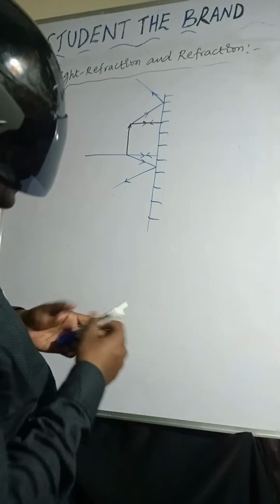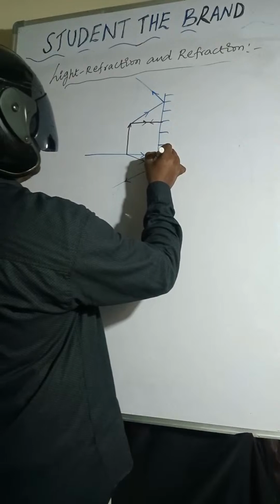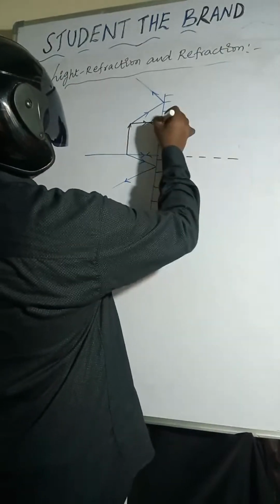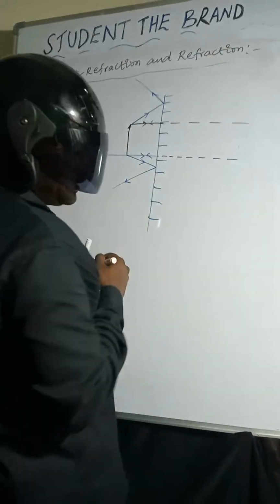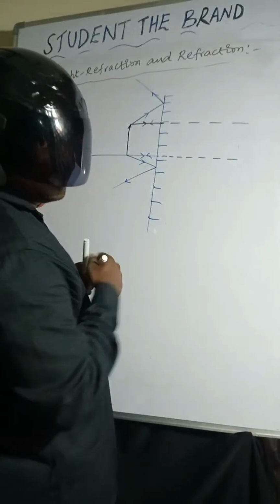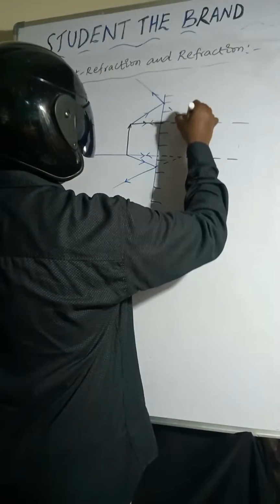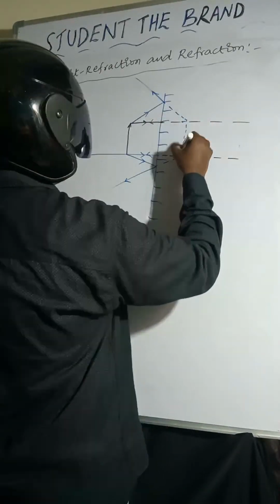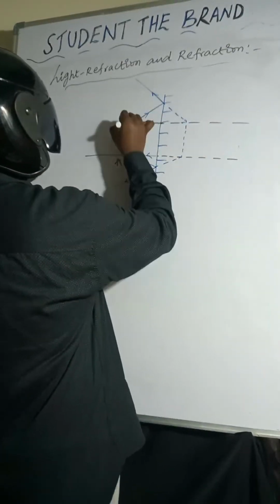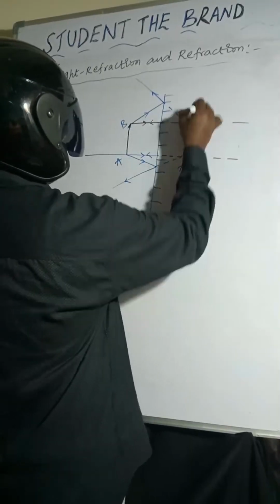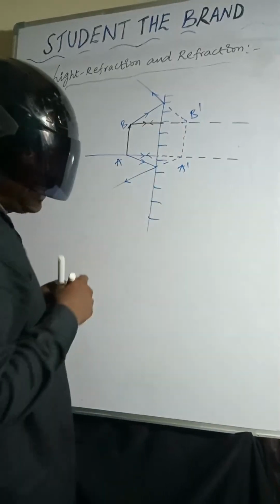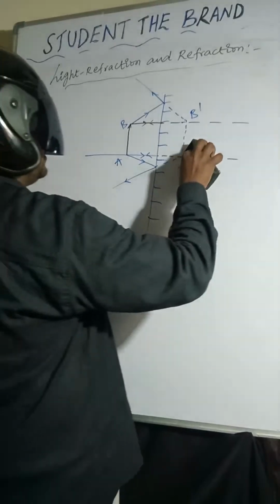Now you can see here. If you are extending these incident light rays, and taking here and here also, the image forms: AB and A dash B dash. Right? Yes.